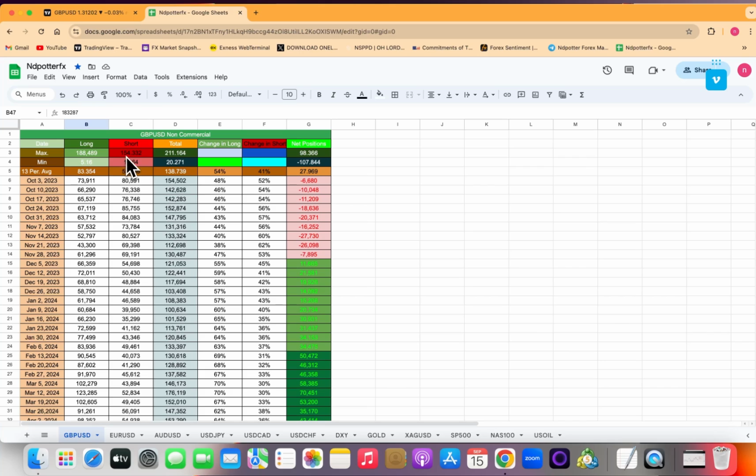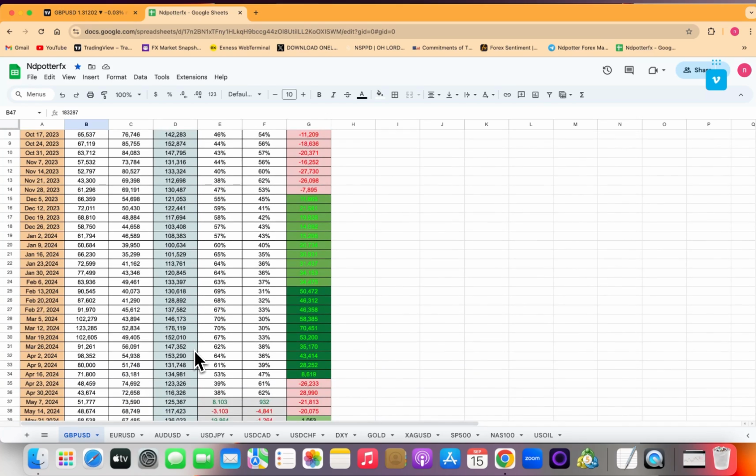Their maxed out number on short is 154,000, which is far below it currently. The minimum number on long that they have ever gotten to is 1.16, and the minimum on short is 1,364. So let's go down now.